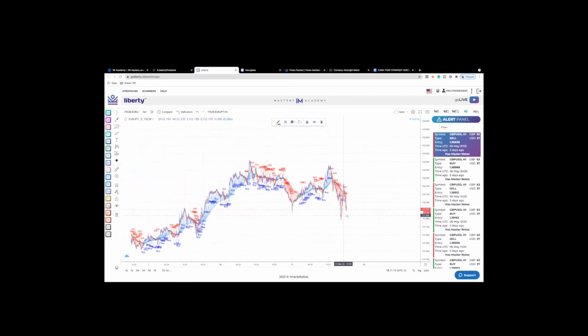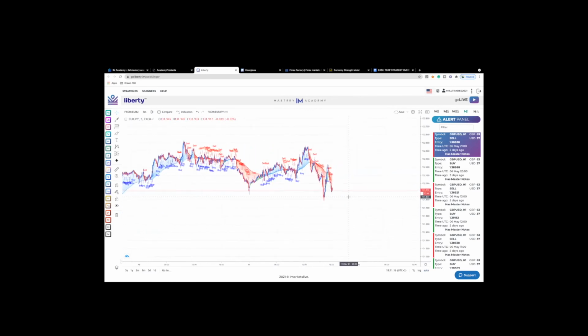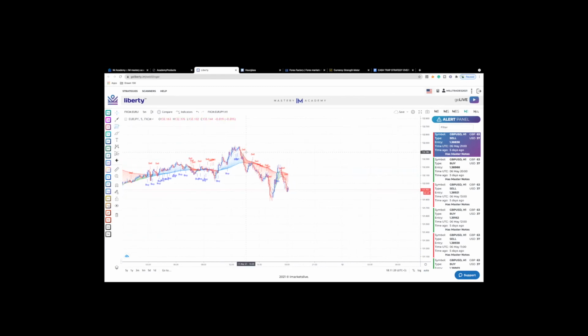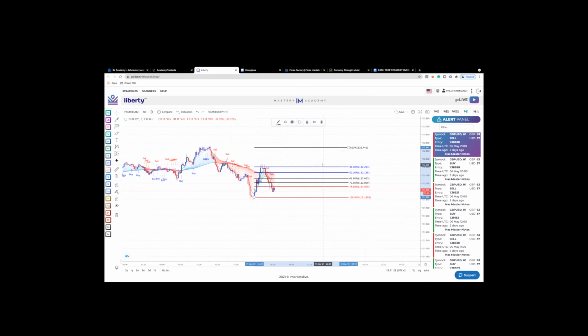It's in the red Moshi cloud. Could be turning around actually. Actually, it's down here too. It just bounced off of, not 78, but around like 80%-ish.